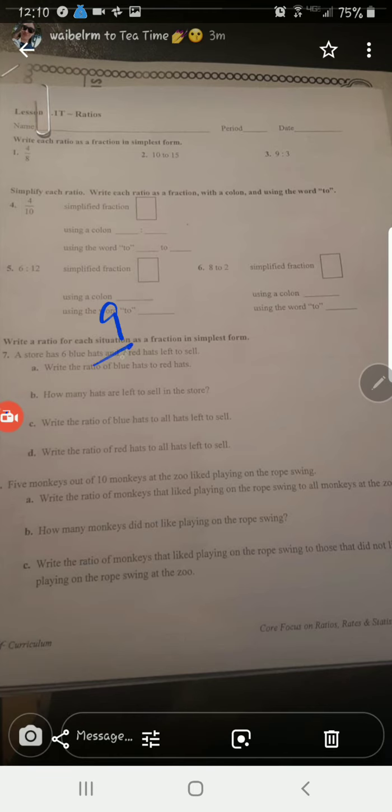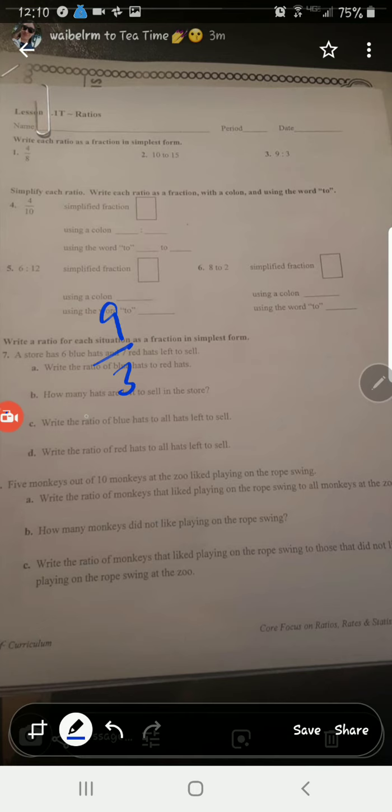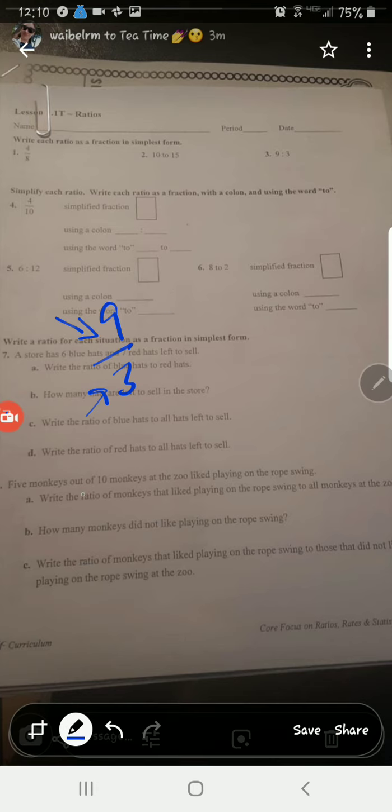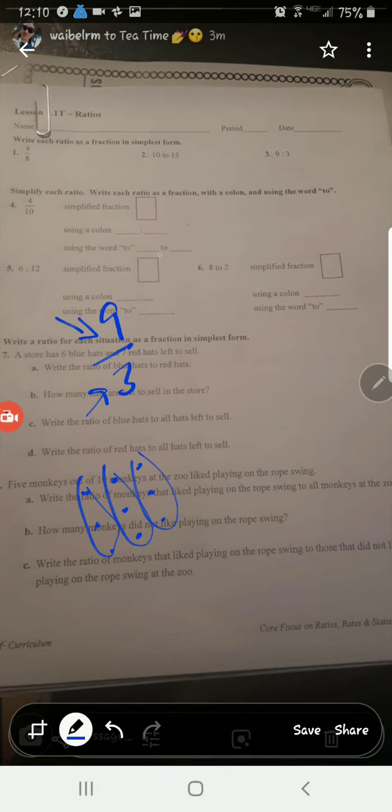9 compared to 3, what both goes into that? So 3 is prime anyways, nothing's going to divide into that except itself. And 9 goes into 3, because as we discussed before, if you look at this chart here, there's 9, 3 groups of 3.